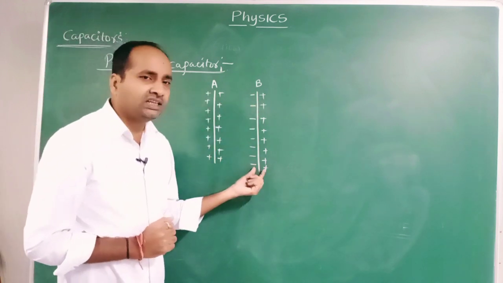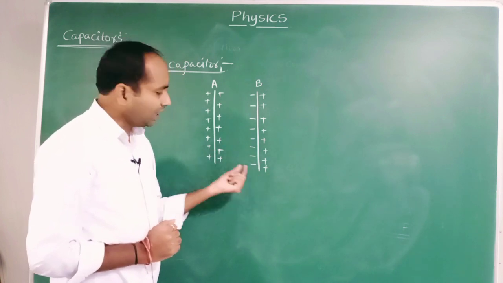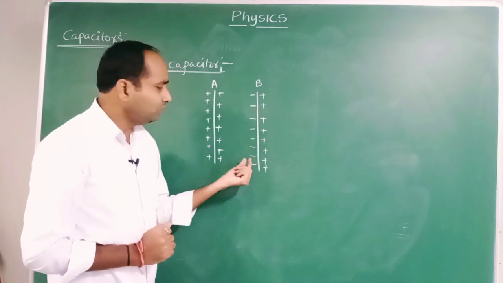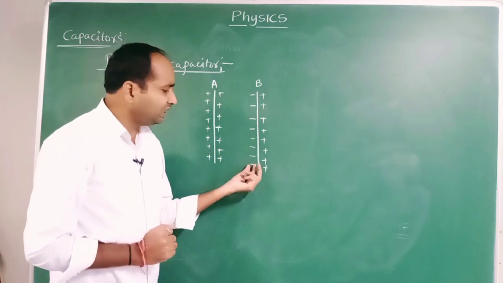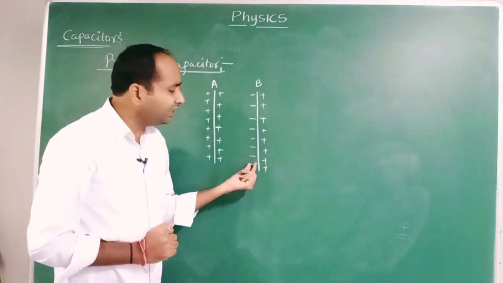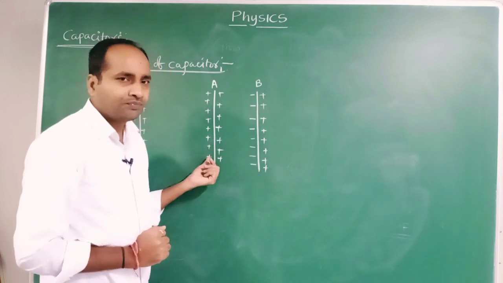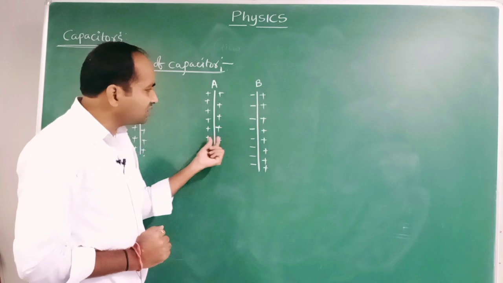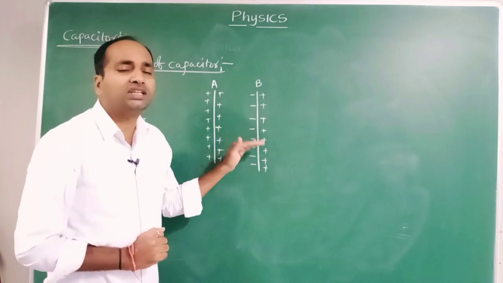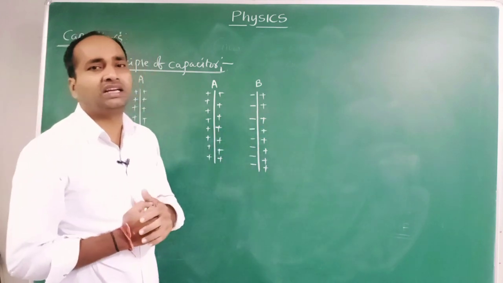But the negative charge is closer to conductor A as compared to the positive charge, so its effect on A is more. So finally, the resultant is that the potential of A will decrease.